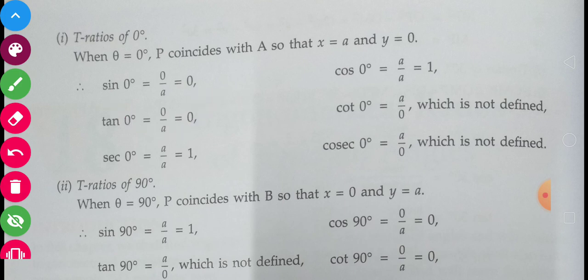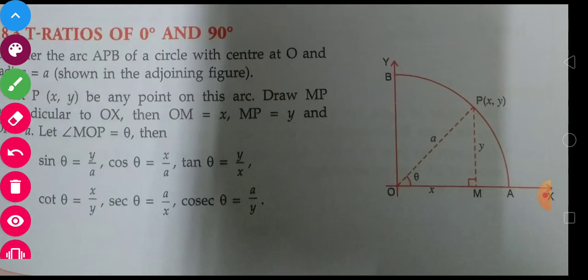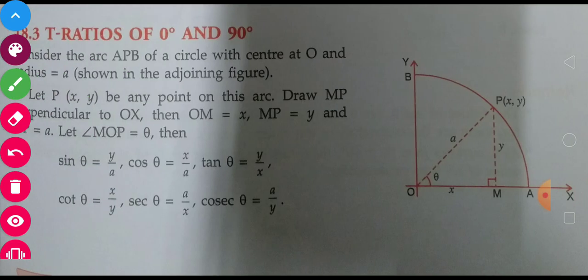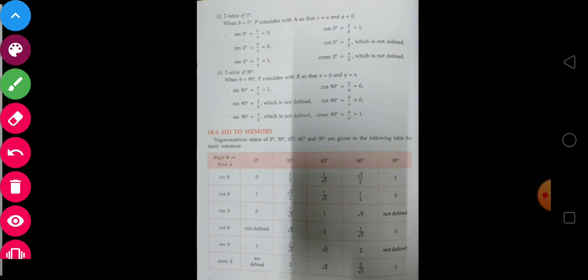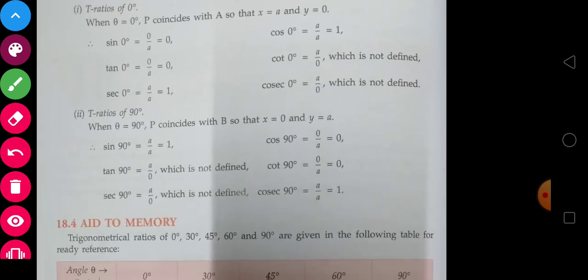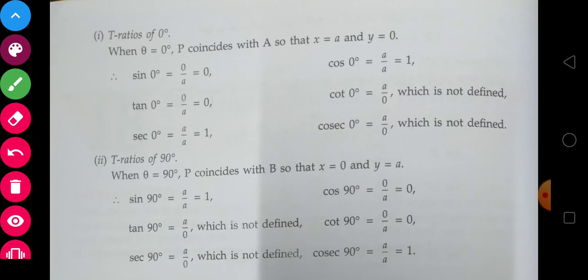Now cos theta was x by A, so x is A, and A by A will give you 1. So cos 0 is 1. Tan theta was y by x, so y is 0, x is A, and 0 upon A will become 0.